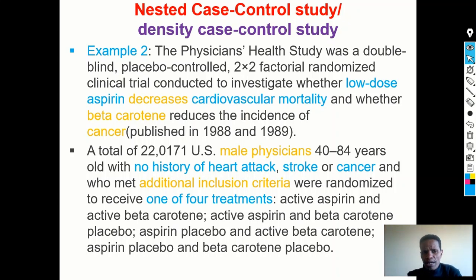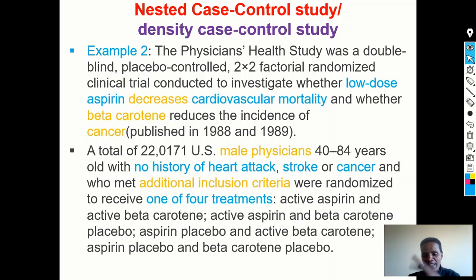The second example for this nested case control study is the Physicians' Health Study, which was conducted in America. The Physicians' Health Study was a double-blind, placebo-controlled, 2x2 factorial randomized control trial. We'll see each of them when we talk about experimental study designs.